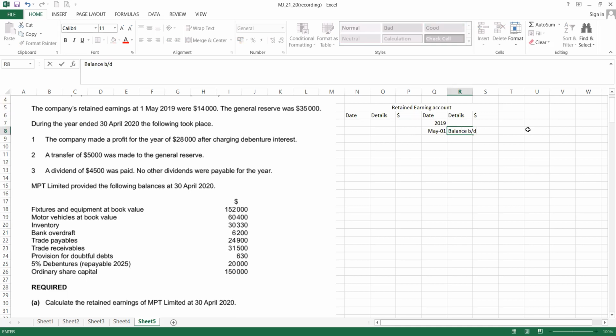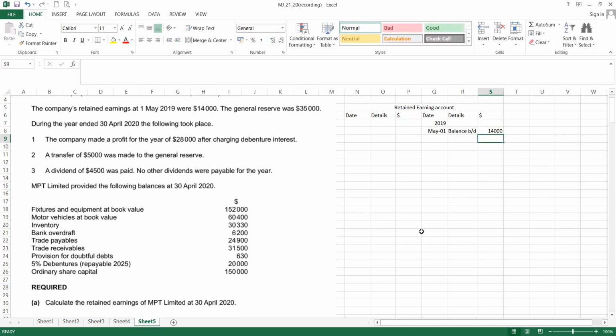Balance brought down is on the credit side because this is an equity section. Retained earnings is under the equity section. During the year, the company made a profit of 28,000 after charging debenture interest. That means on 30th April 2020, this is the profit for the year that they earned. The amount is after charges, so it's already final.